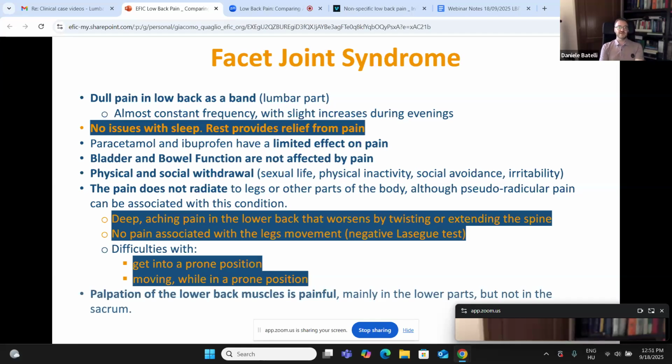Usually the patient with facet joint syndrome has no big issues with sleep, excluding the issues given by the chronic pain condition itself. Usually NSAIDs have an effect, but most of the time it is limited, and you will not find in the clinical examination bladder and bowel function impairments, which can instead be brought out by, for example, discogenic pain or cauda symptoms.